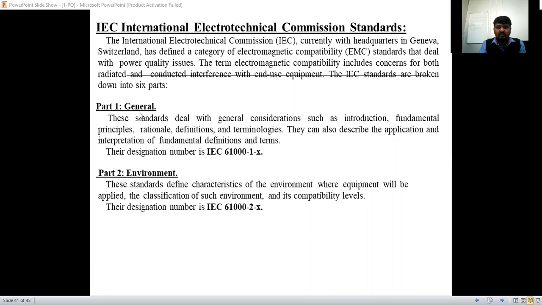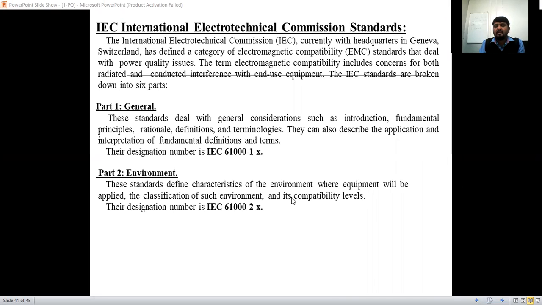Next we'll go for the environment. In the environment, the standard defines the characteristics of the environment where the equipment will be applied. Previously, motors and such things were kept without water.